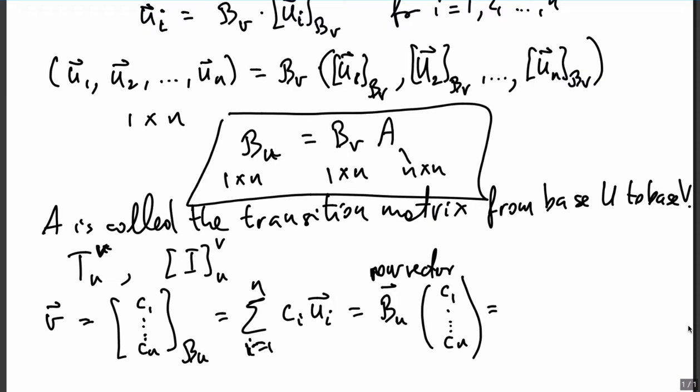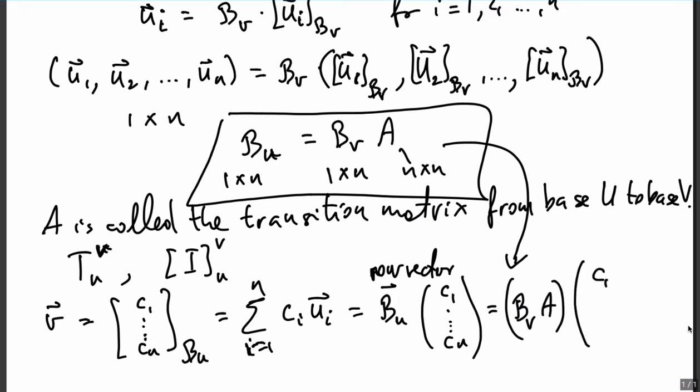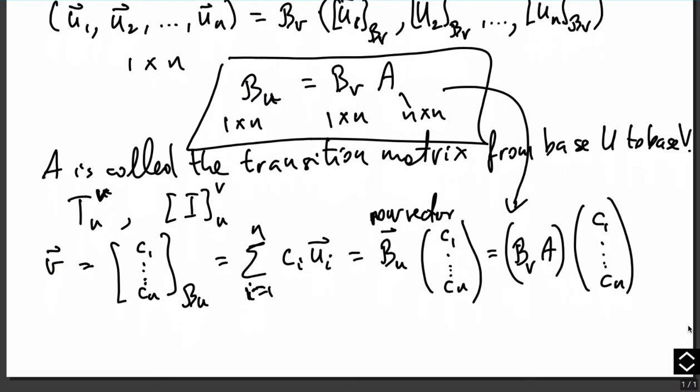So if we then substitute this formula for BU, what we get is the V basis times the A matrix times the coefficient vector C1 to Cn.